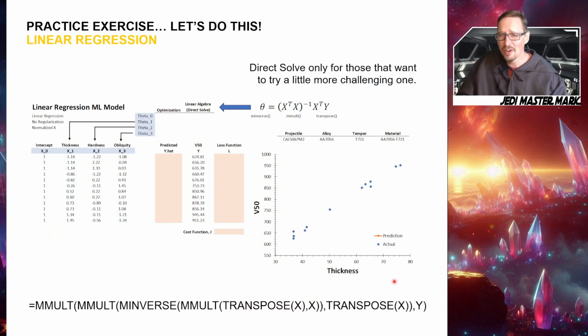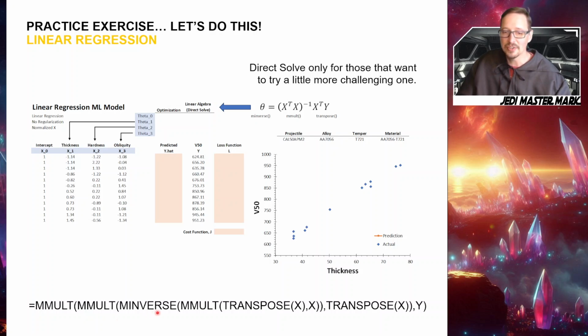And with this direct solve, you might say, well, geez, why don't we do that all the time? I'll talk a little bit about that in this section. But again, this goes back to the linear algebra. We can solve directly for these model parameters using X transpose, X, and Y. And here's the function down below. It looks kind of hairy, but there's multiple matrix multiplication.